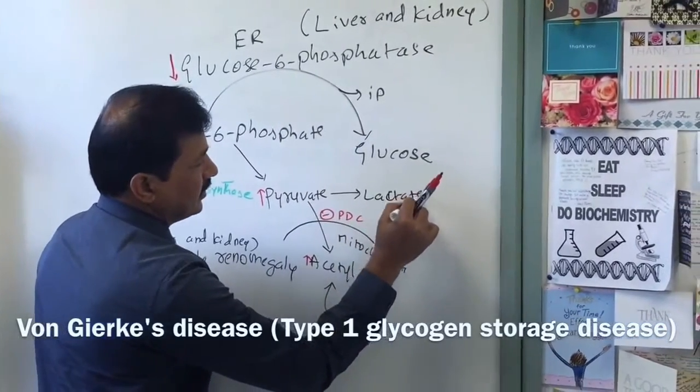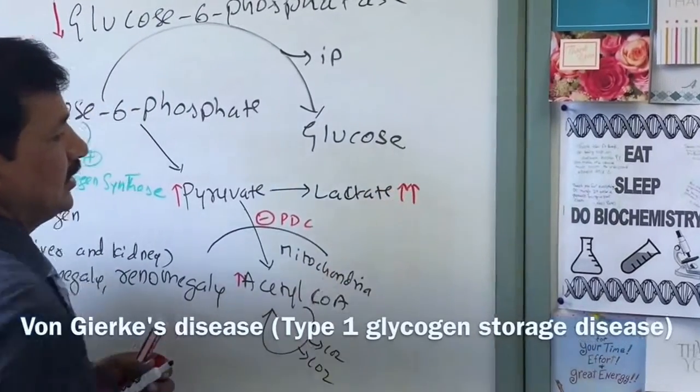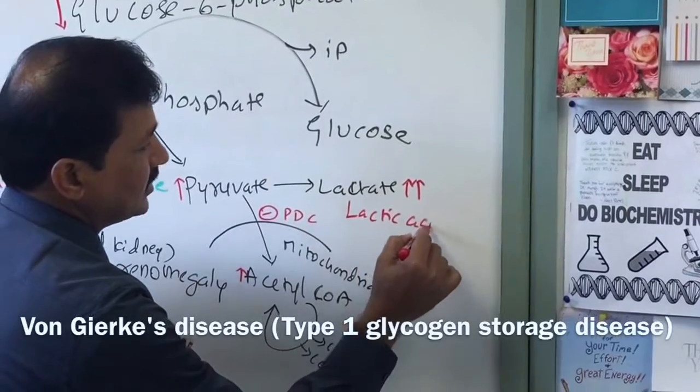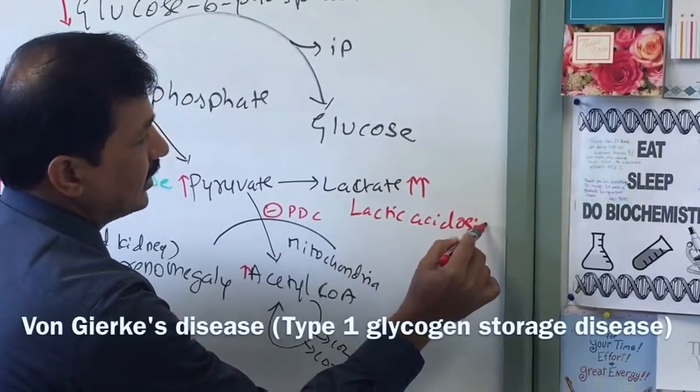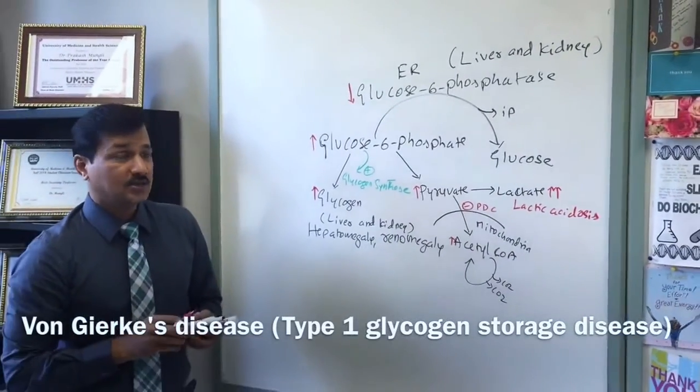Lactate builds up, and this will lead to lactic acidosis. That is why in Von Gierke's disease you can see lactic acidosis.